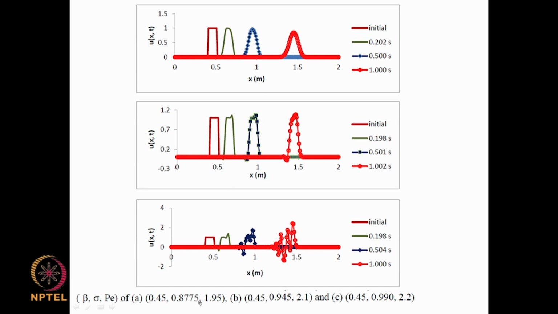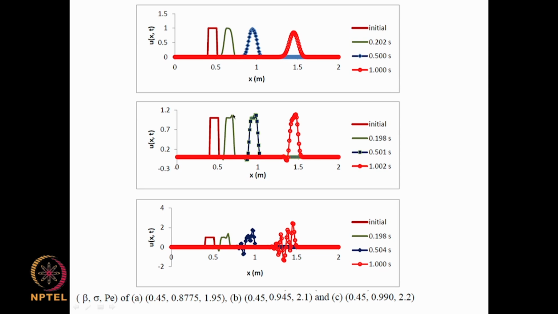But if you choose a different value of sigma which still satisfies the sigma square less than 2 beta condition, but now the Peclet number is slightly greater than 2, it is 2.1, we see a solution which is somewhat strange.